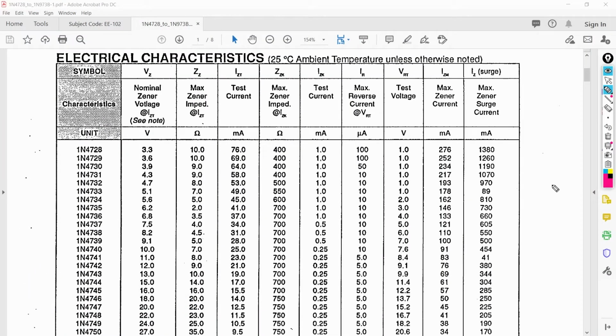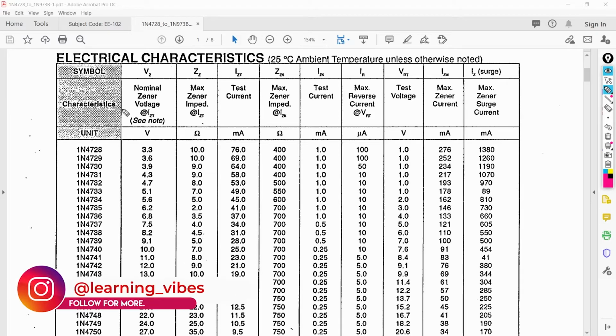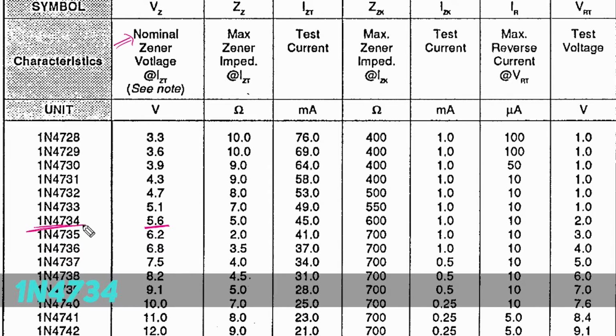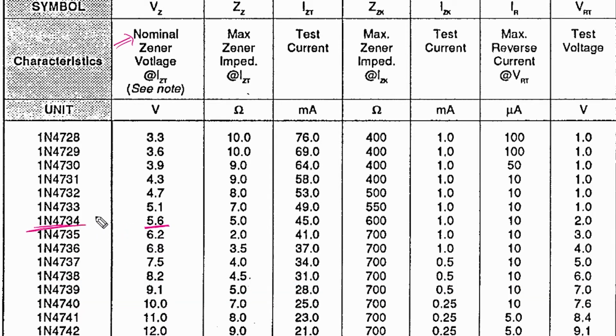These are the nominal Zener voltages for which we are looking. If you check from here, we have a 5.6 volt Zener diode, which is basically 1N4734. So this is the Zener diode which we want to use.